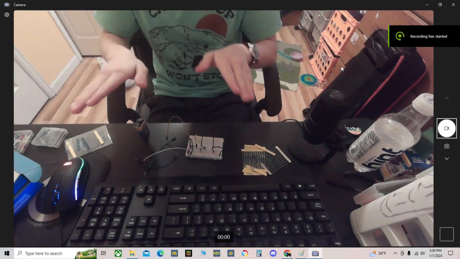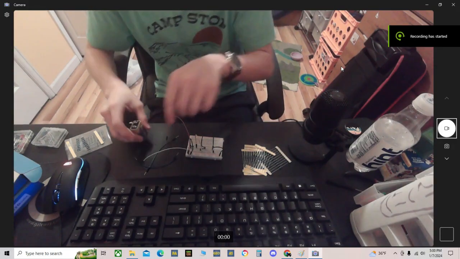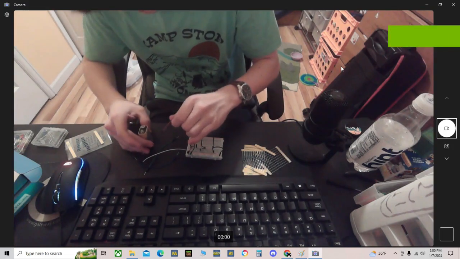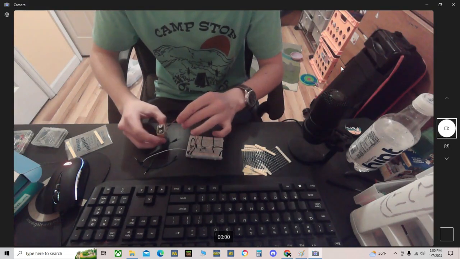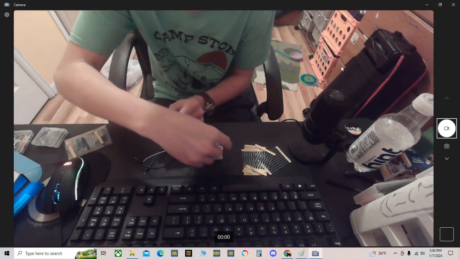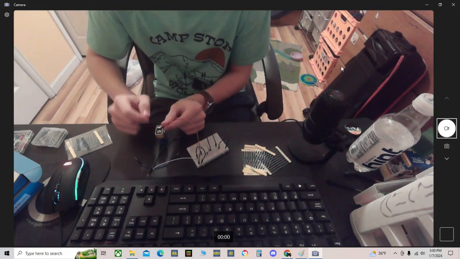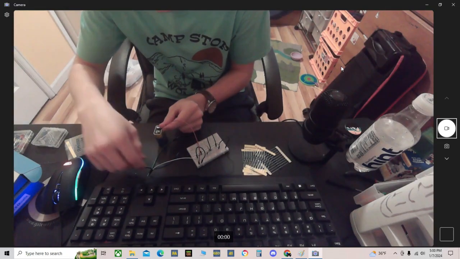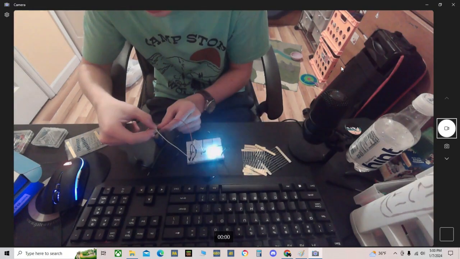Resistors do not have a polarity, so this should work. Now, connect positive. You can see the LED, right? You'll see what glows. Positive to positive, negative to negative.